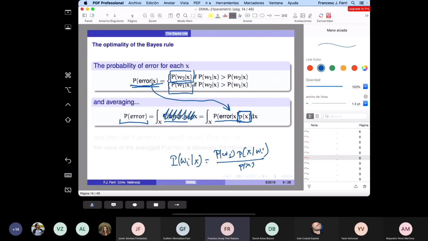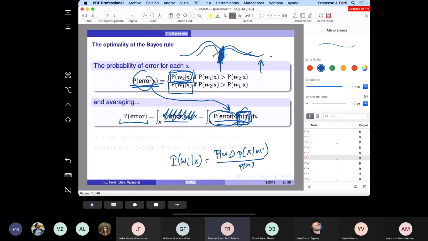That's the definition. If this is one class, this is another class, and this is the unconditional, errors here cannot weigh the same as errors here, because we have more probability of having points here than there. So that's why this factor appears here. And this is this, and this is this.